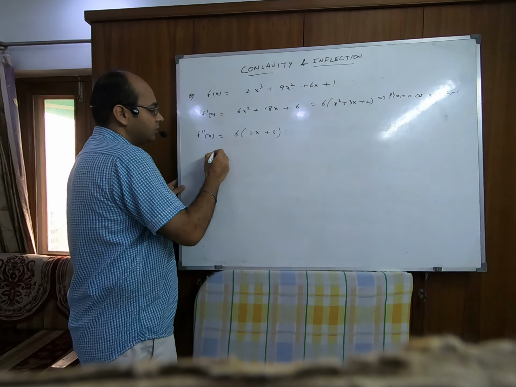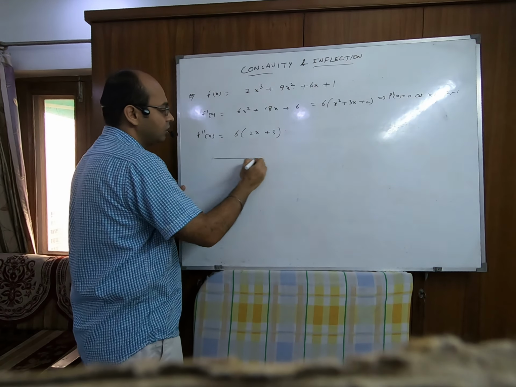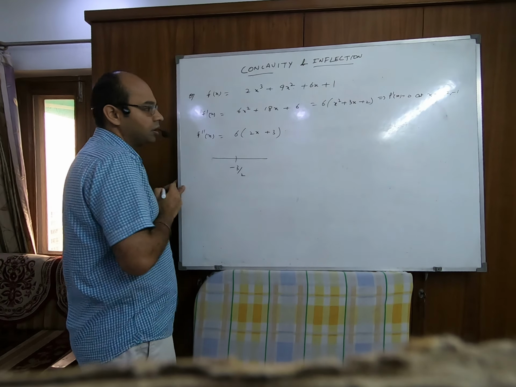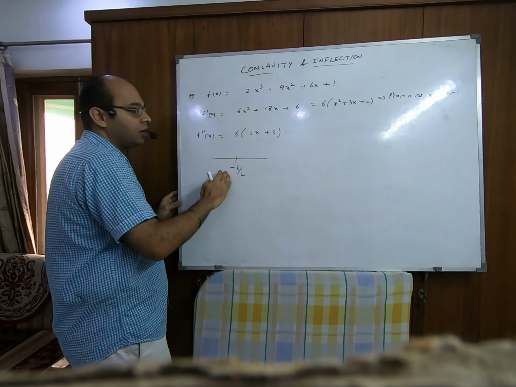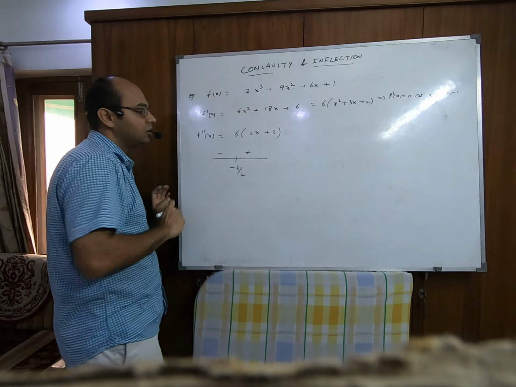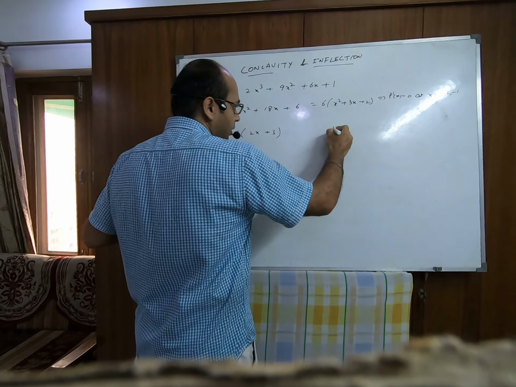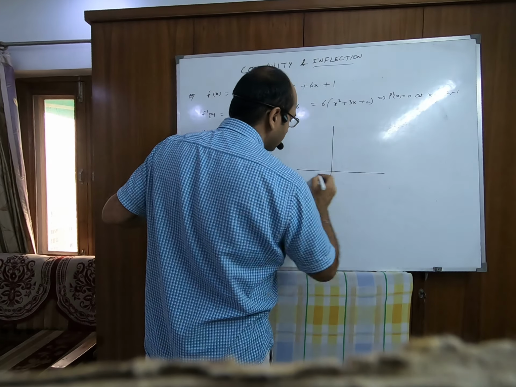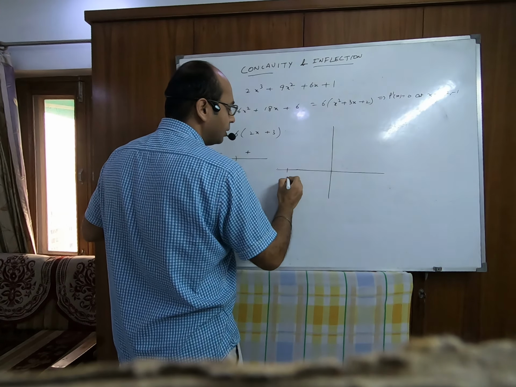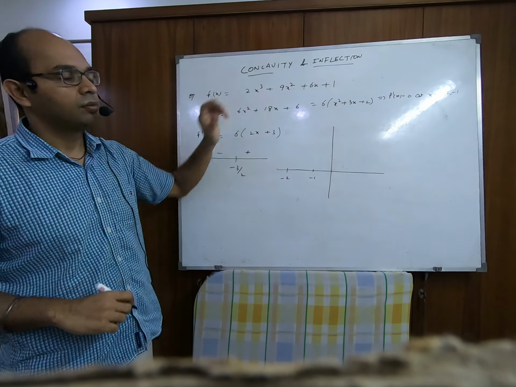So let's say, solving this linear inequality, I can say this is your point minus 3 by 2. Any value that is bigger than this, f''(x) will be positive. Less than this, f''(x) will be negative. Let's try and plot a rough graph of f(x).